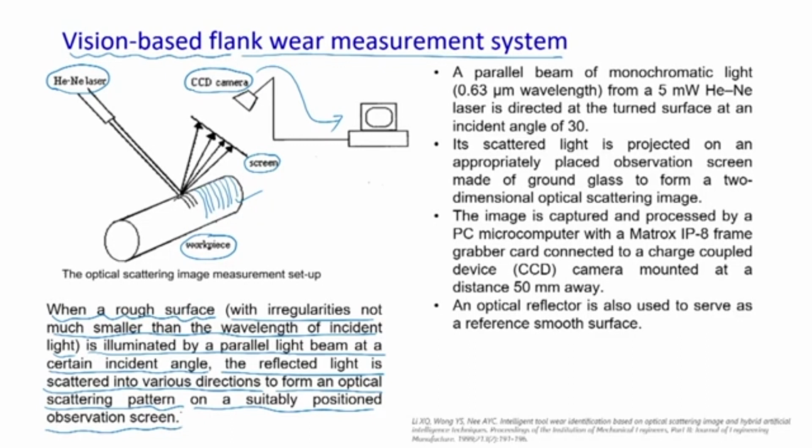Here we are applying the parallel light beam, that is a laser, on the surface. When the light beam is incident on the surface, there is reflection, and that reflection is scattered. That scattered reflection can be sensed and can be utilized to find out the pattern of the surface.